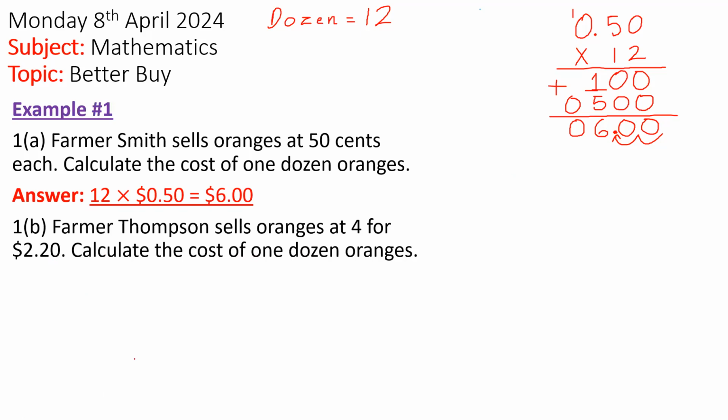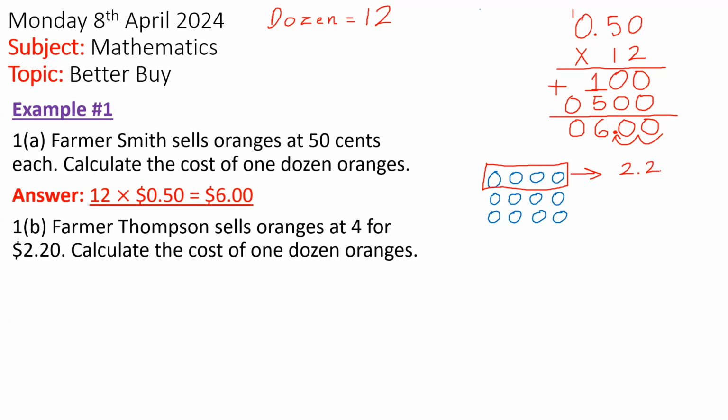So we have to list out all of our 12: 1, 2, 3, 4, 5, 6, 7, 8, 9, 10, 11, 12. Now, first question. How much is for this 4? $2.20. Very good.